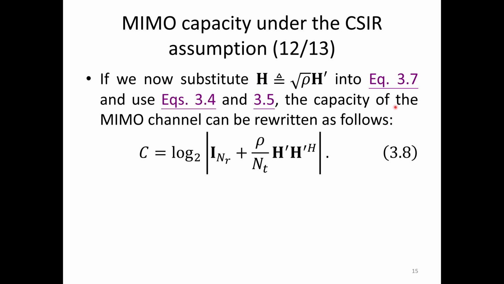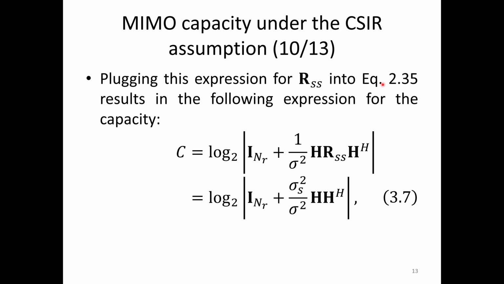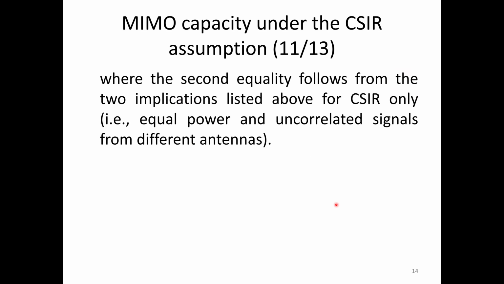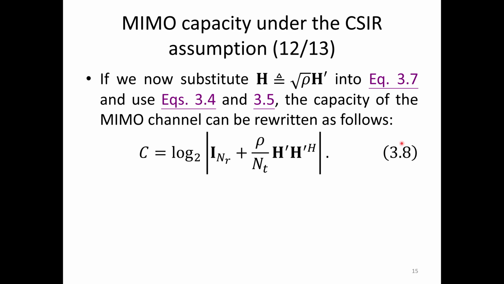The capacity of the MIMO channel can be rewritten as follows. The capacity C is equal to log 2 of the determinant of INR plus. You can compare equation 3.7 and here 3.8.